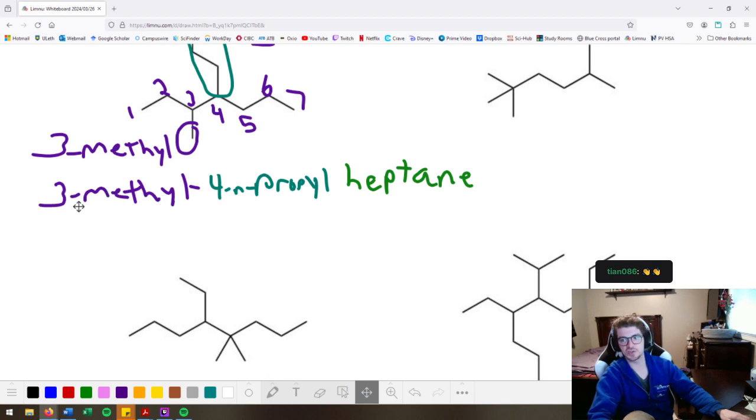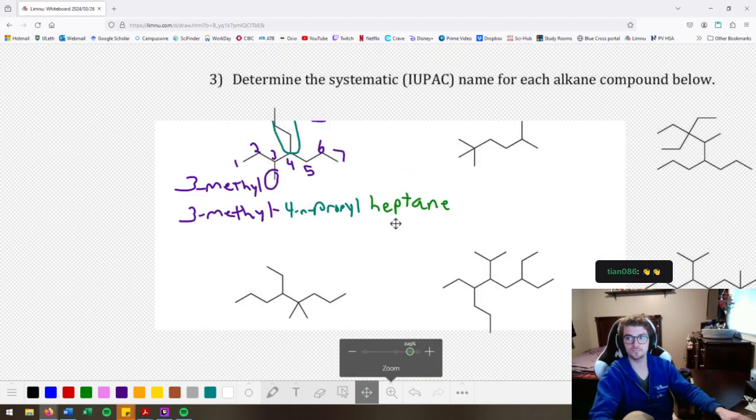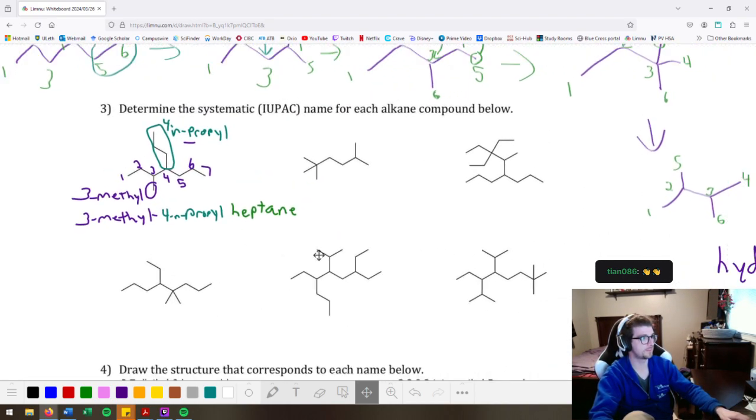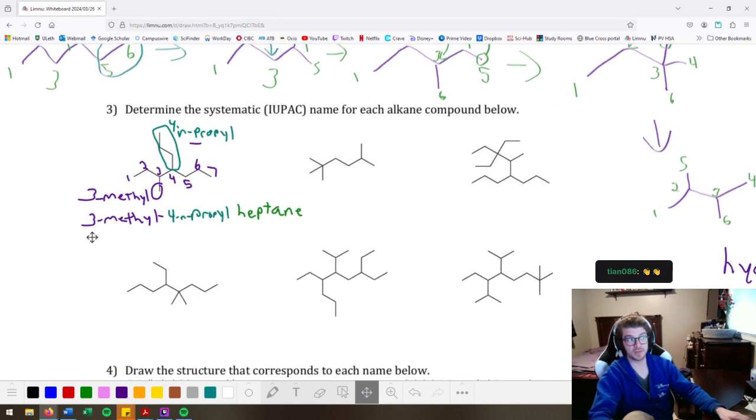So yeah, dashes between numbers and letters, and dashes around the designation of these chain substituents. So like for the N-propyl, it's 4-N-propyl, and so on and so forth. Okay. So that's it. 3-methyl, 4-N-propyl heptane. And we're done with number 1.